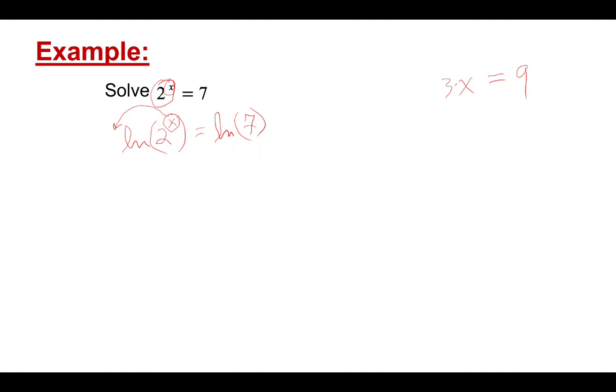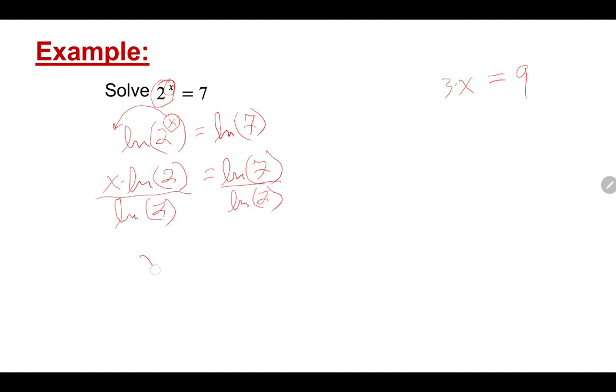Here I'm throwing what's going to help me solve it, and this is going to give me x times ln of 2 is equal to ln of 7. And then, because this x is multiplying the function, I can divide by this function and do the same thing over here.